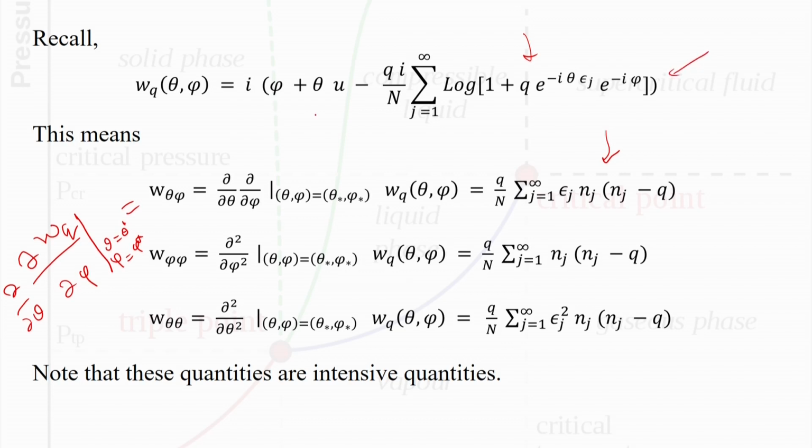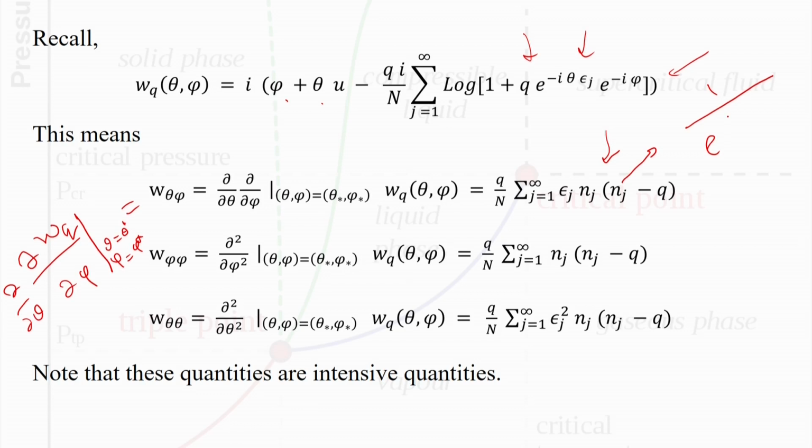Notice if I differentiate twice, these things go away. So only this survives, and then I rearrange my terms. And what is Nj? Remember what Nj was. This is the average number of bosons or fermions, depending upon the value of Q, that occupy energy level Ej.